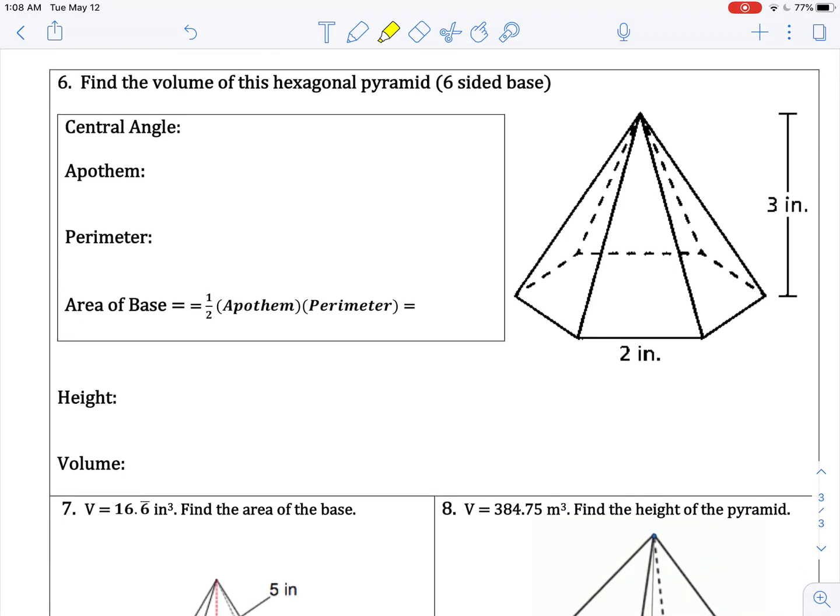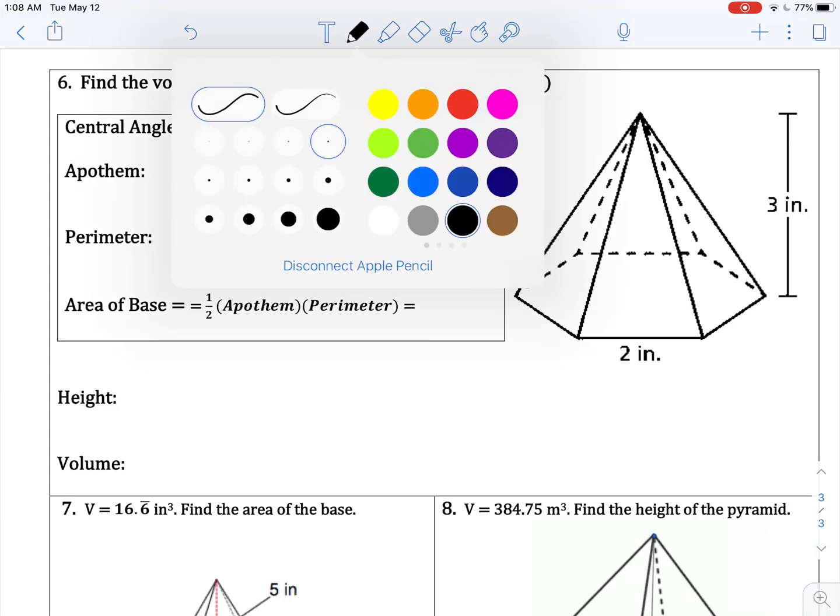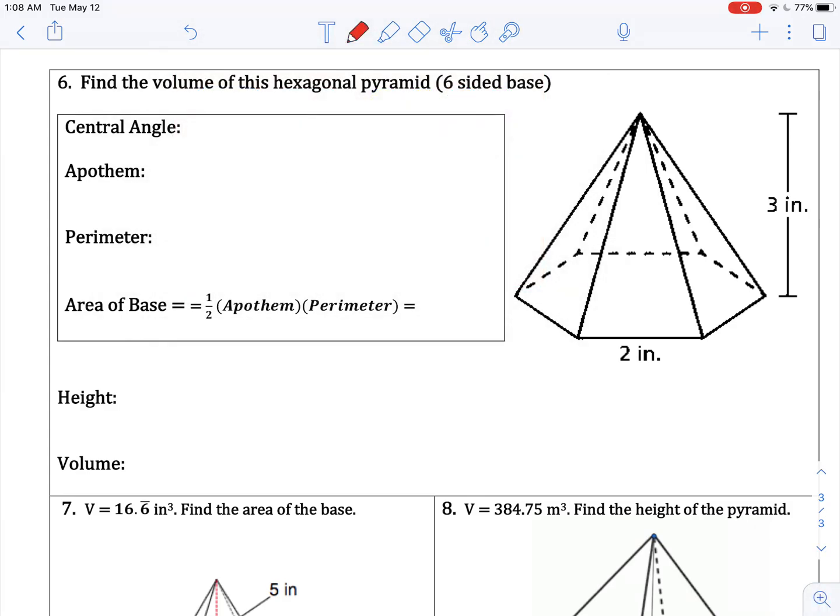And let's do the same thing here. This one's a little bit more involved. I make you find the central angle, which we know is 360 divided by however many sides I have, because that's right here. Great illustration skills. That's my central angle.